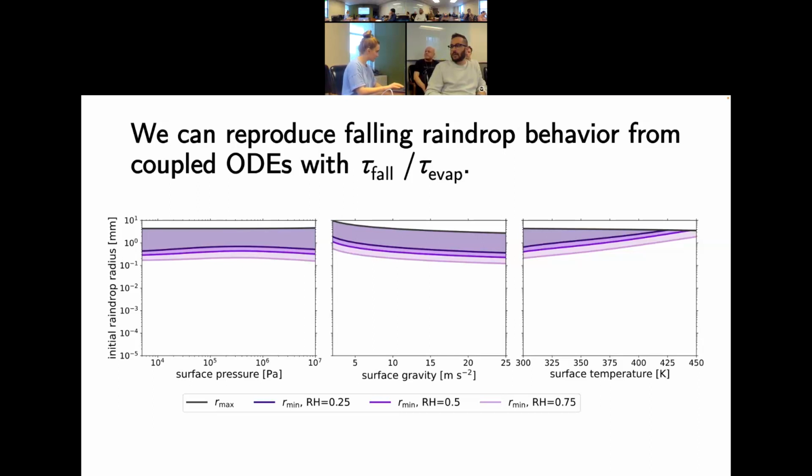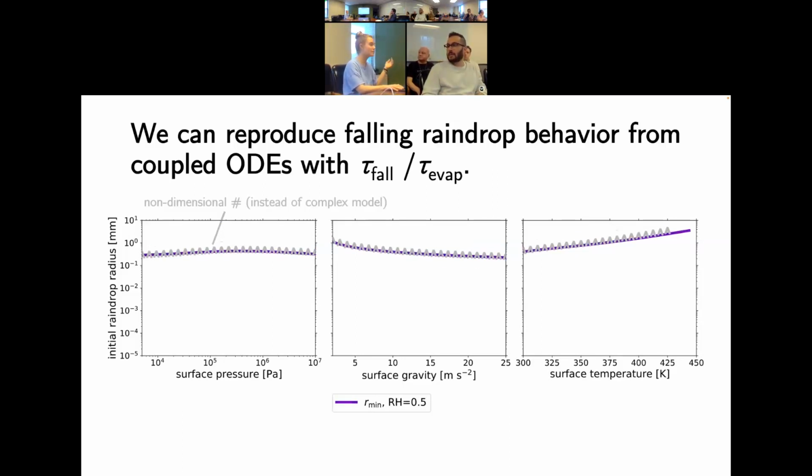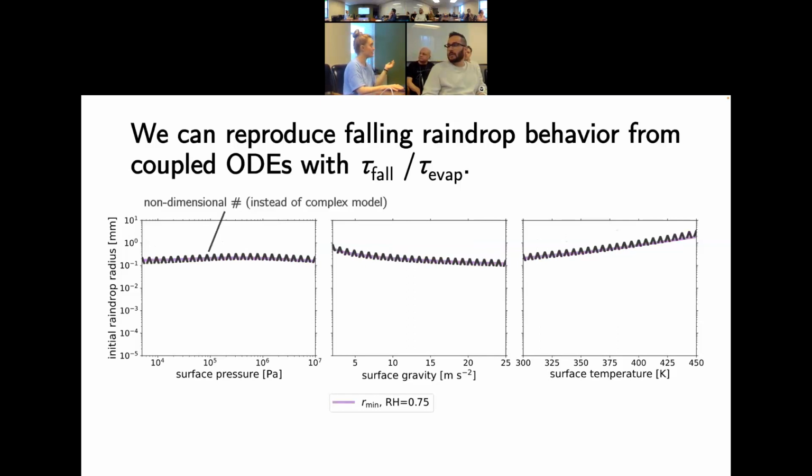So if we're looking at these minimum sizes to reach the surface, now I show in the little lambda symbols, because that's what our non-dimensional number is, that we can basically match all of the lines from our ODEs with just using this ratio.